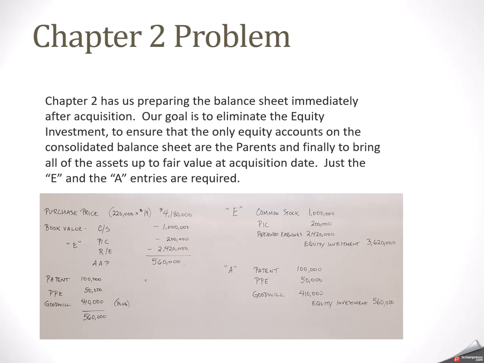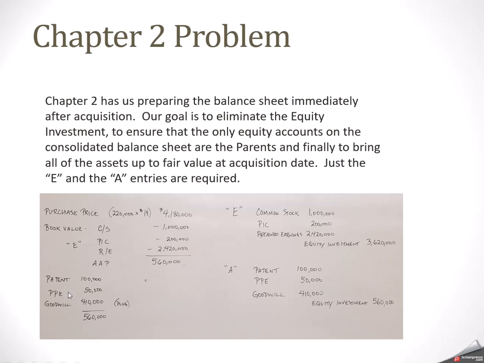And then we go back to the problem to say, well, what does that relate to? It told us a patent of $100,000, property, plant, and equipment was undervalued by $50,000, and then the remainder goes to goodwill. So again, remember that goodwill is the difference, or the plug, to get my acquisition accounting premium assets up to the extra $560,000 that we paid.